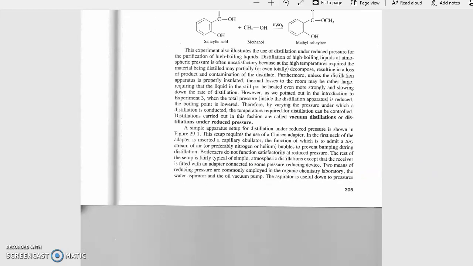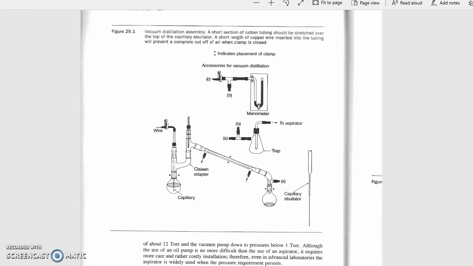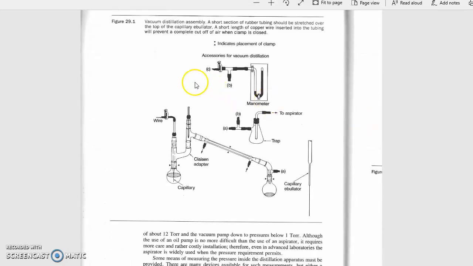So if you have a lower pressure, and they show you how you go about attaching this sort of thing, how your action is taking place here, and then you are cooling things down right here so that you would end up getting your solid material there.